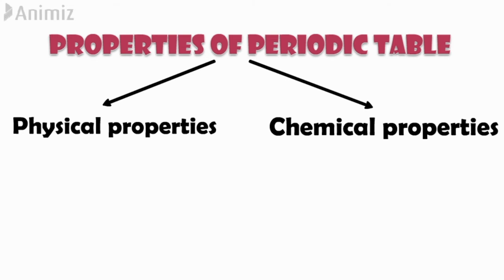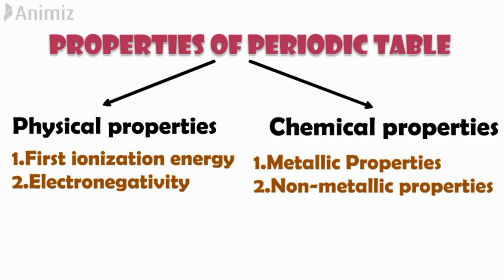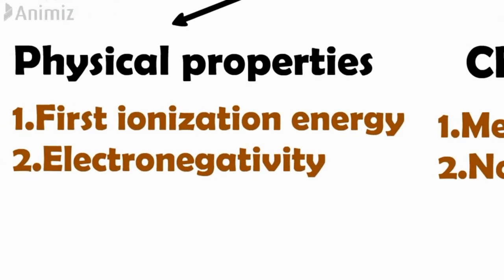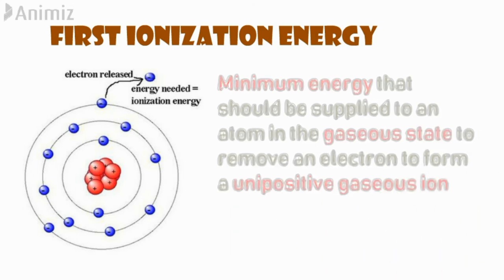According to our syllabus, let's consider the 2 physical properties, first ionization energy and electronegativity. Then for the chemical properties, we'll consider the metallic properties and the non-metallic properties. So let's start with first ionization energy.